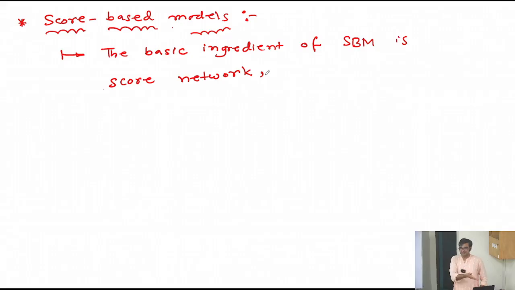We saw that last time. If you take the derivative of a scalar function with respect to each of the pixels, the number of pixels will be equal to the number of scores you get. It's a vector field, which means for this score network, the number of inputs is equal to the number of outputs. Because what is the score?